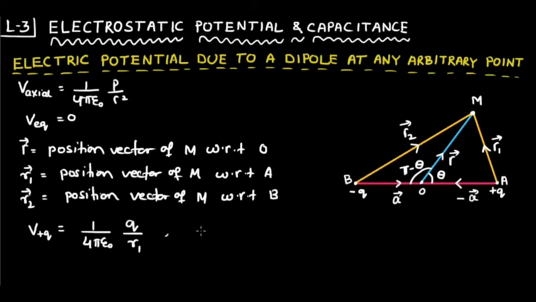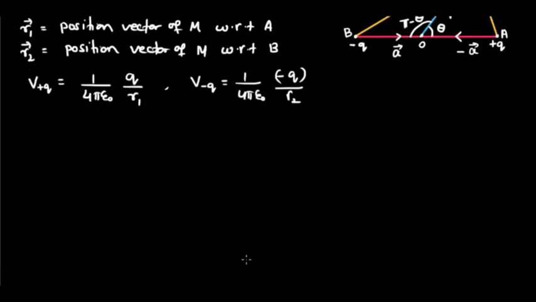Similarly, the potential at the point M due to the negative charge is given by V minus Q is equal to 1 by 4 pi epsilon naught minus Q divided by R2. Is that clear? I had told you that while writing the expression for electric potential, you have to mention the sign of the charge.